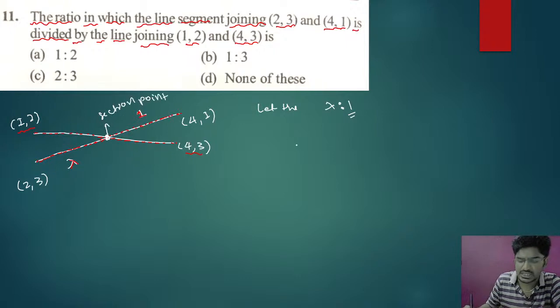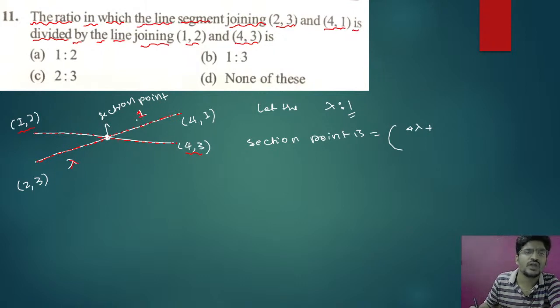Use the section formula: lambda into 4 is 4 lambda, plus 1 into 3, divided by lambda plus 1.